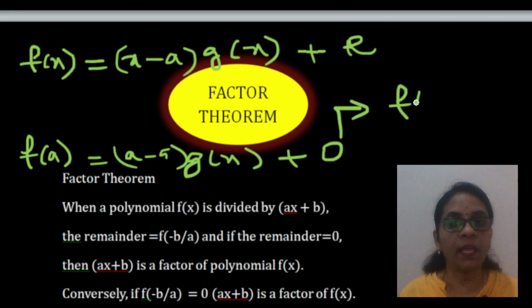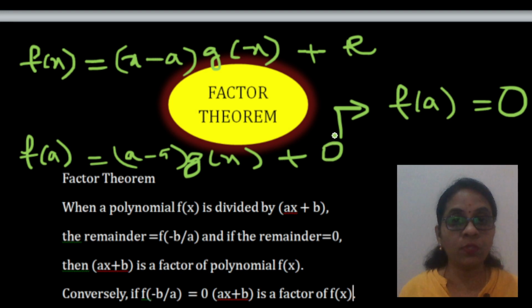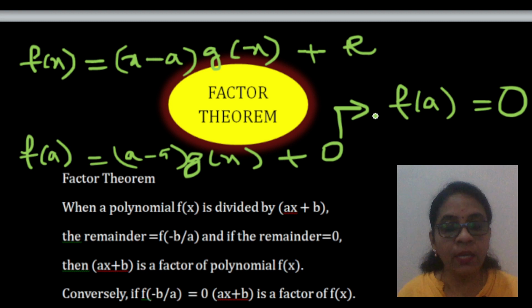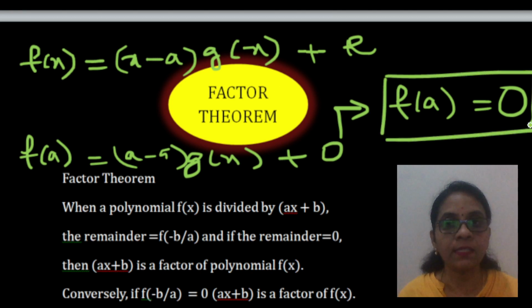We have f of a is equal to 0. So, if a polynomial is divided by its factor, then f of a is equal to 0. This is the result. Is that clear?